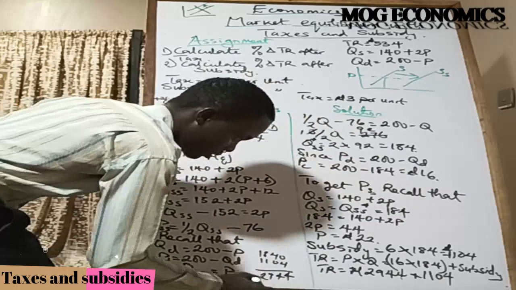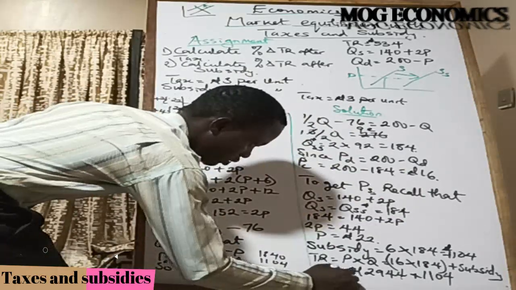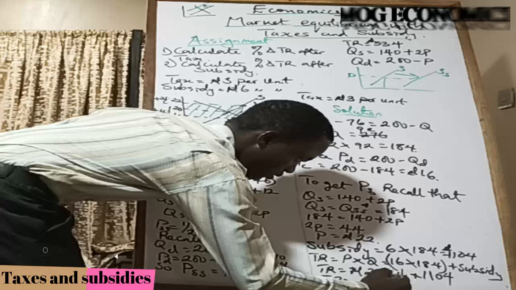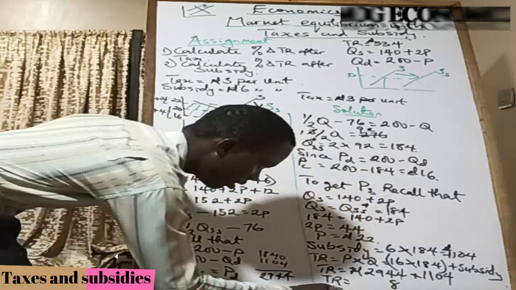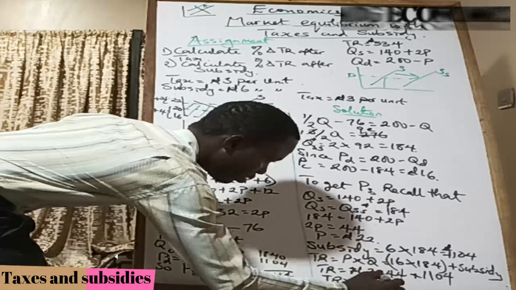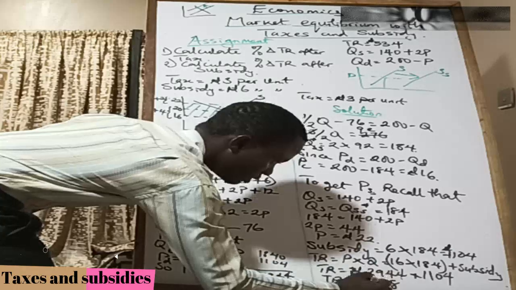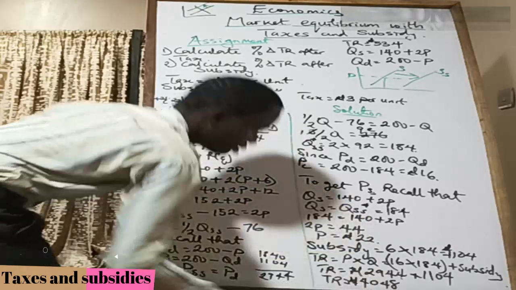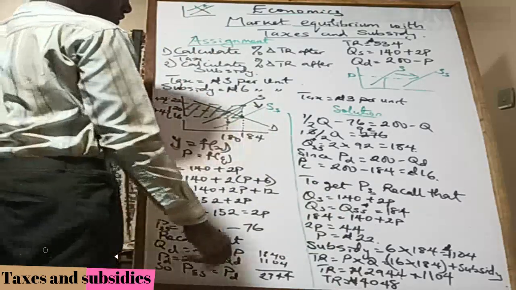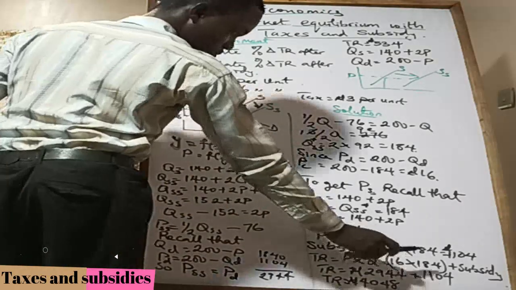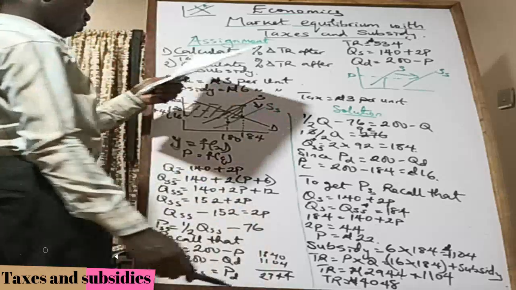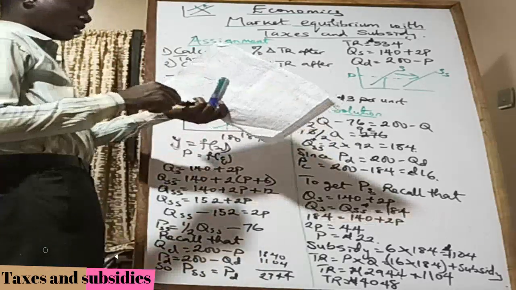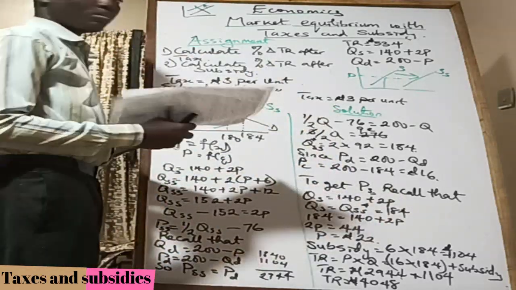Okay, so then TR equals 4 plus 4, 8. 4 plus 0, 4. 9 plus 1, 10. So this price plus subsidy gives 4048. Yeah, I almost made a mistake. Okay, so that's it. Thank you. Bye bye.